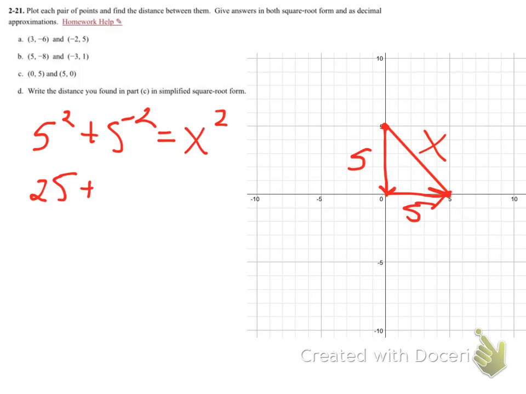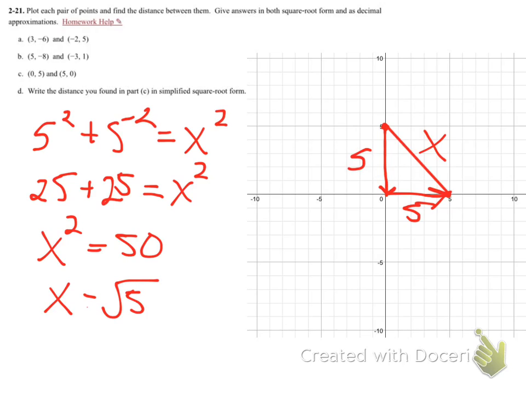So 25 plus 25 equals x squared. X squared will equal 50, and x will equal the square root of 50, which is approximately 7.071.